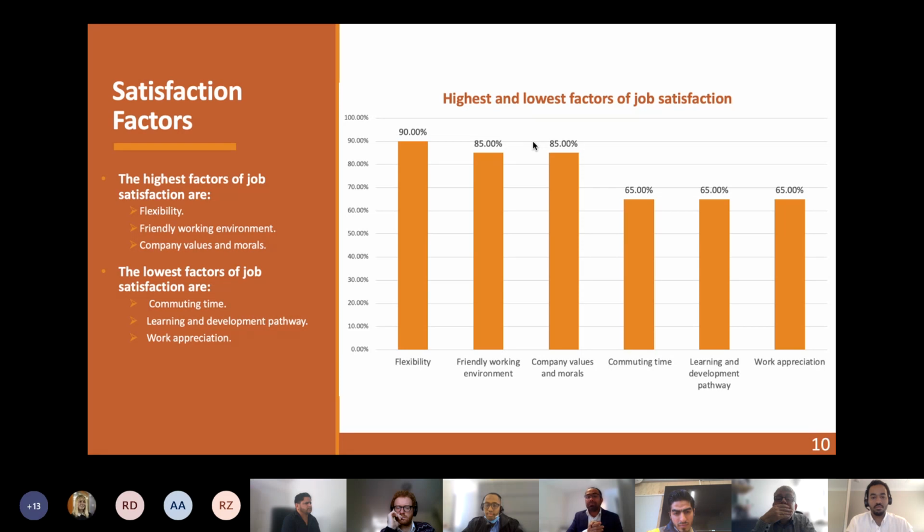Another item with a low level of satisfaction was the learning and development pathway, which means the majority of participants believe that their employers do not have a proper method or path for learning and development in the future. Yeah, thank you.